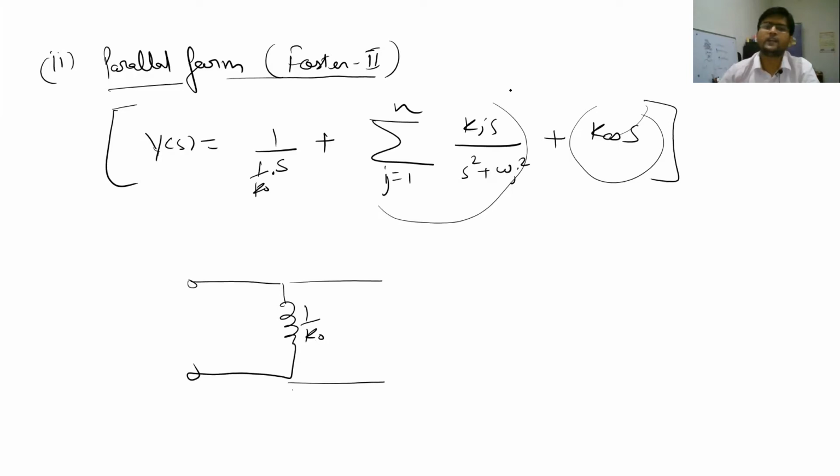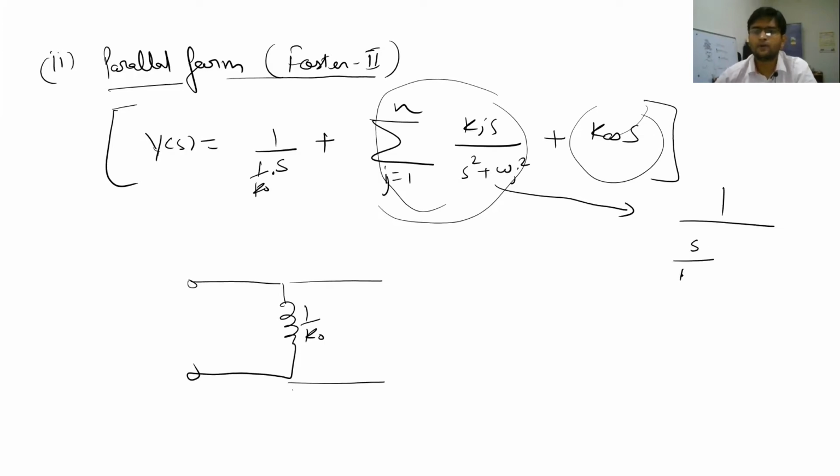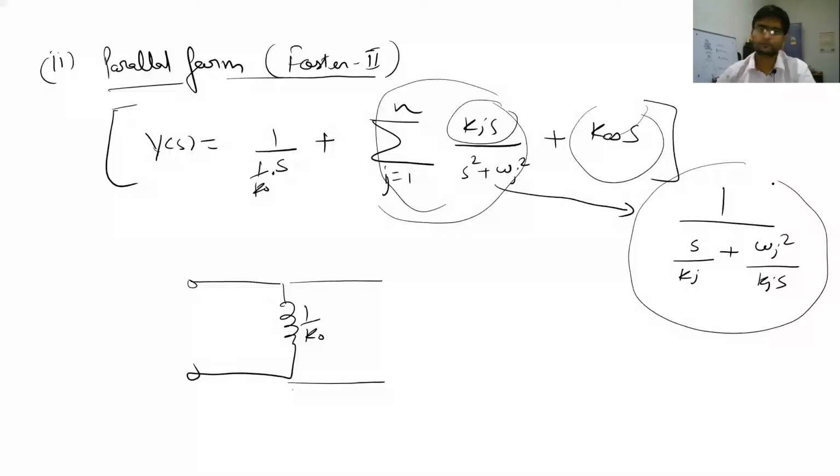Now coming to the second part, this whole function can be represented as 1 upon (s upon kj), since I have taken this numerator into the denominator, plus (omega j square upon kj s), right? Since this whole function was an admittance function, these terms will represent impedance functions, and let me call them ZA and ZB.